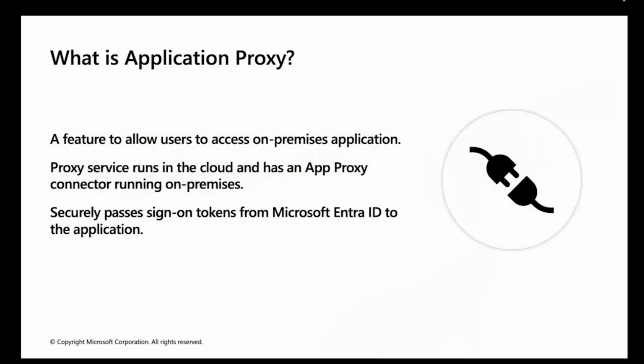With this kind of design, it securely passes sign-on tokens from Entra to the application, where the application will be granting access to the users. So if you want to use modern authentication, you should definitely go for application proxy for your legacy applications. It's actually a very good option.